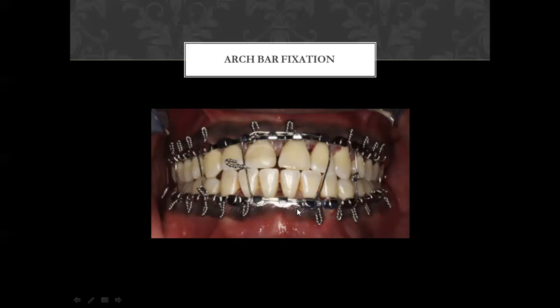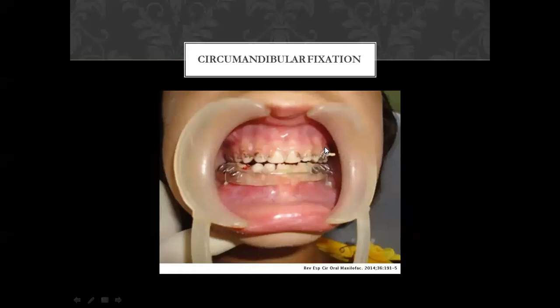To avoid that, nowadays we are using IMF screws, where we place a screw particularly either in between the central incisors or between the molar and premolar. It's just a screw placed in between the teeth. It's not an entire arch bar or hybrid arch bar. Hybrid arch bars are nothing but arch bars attached with screws. Instead of using a wire, you are going to fix the arch bar with screws. So just remember the two terms.